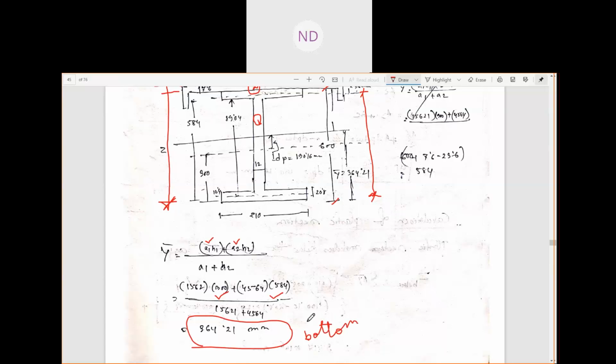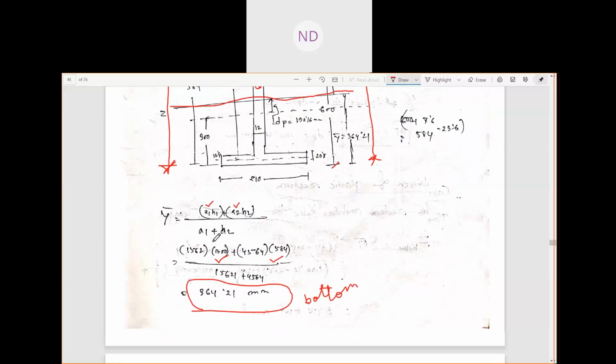So we have found that the CG of the entire built-up member is at a distance of 364.21 mm from the bottom. You see, from here to here, this is the CG, which is at a distance of y bar, 364.21 mm.